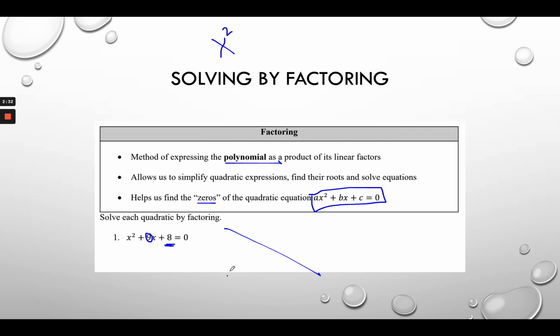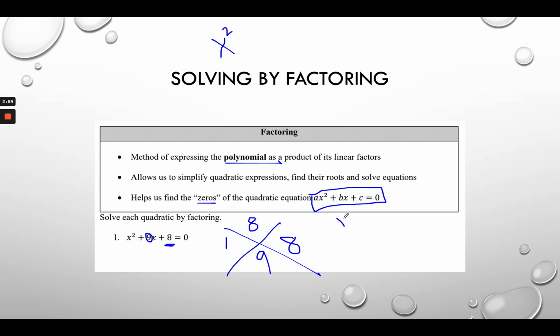I like to do a big X, and 8 is going to go at the top, and 9 is going to go at the bottom. Now think: what two numbers multiply to give you 8 and add to give you 9? Well, 1 and 8. 1 times 8 is 8, and 1 plus 8 is 9.